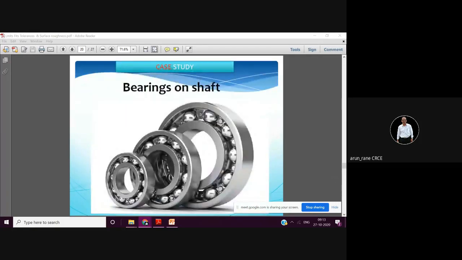So this was a case study. Now bearings, you know the purpose of the bearings. I will tell. Consider you have a shaft which is rotating inside a housing.